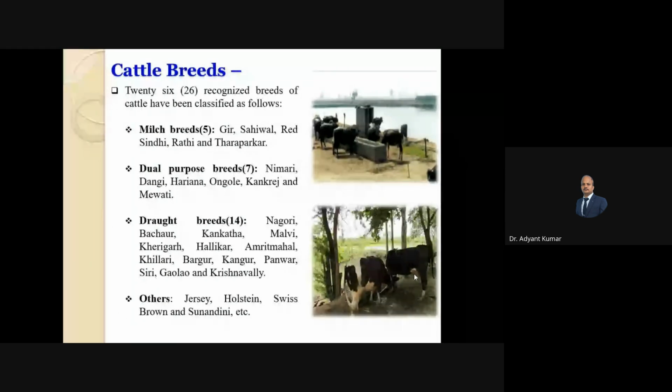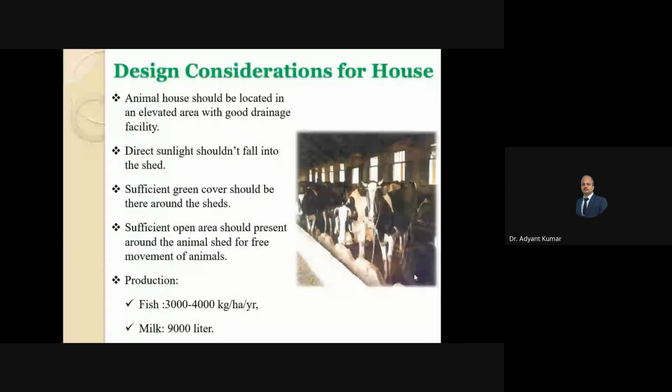And in case of foreign breeds, Jersey, Holstein Friesian, Brown Swiss, Sunandini, etc. Design consideration for the house should be that direct sunlight should not fall into the shade, and the shade should be on an elevated area with good drainage facility, and sufficient green cover should be there around the shade.